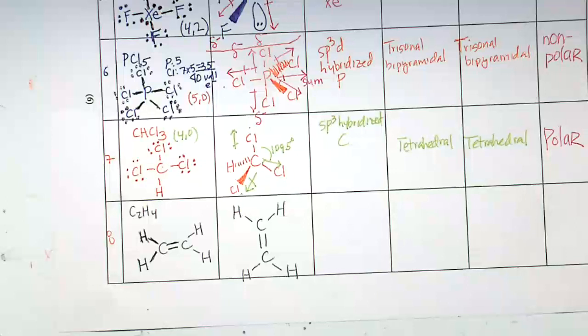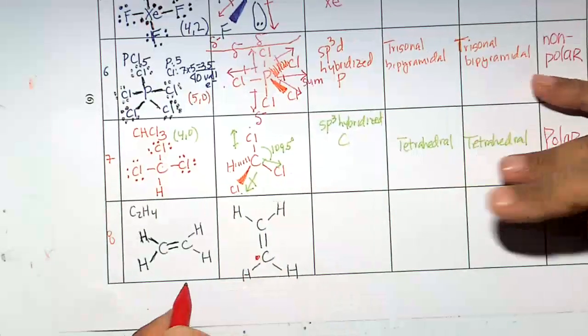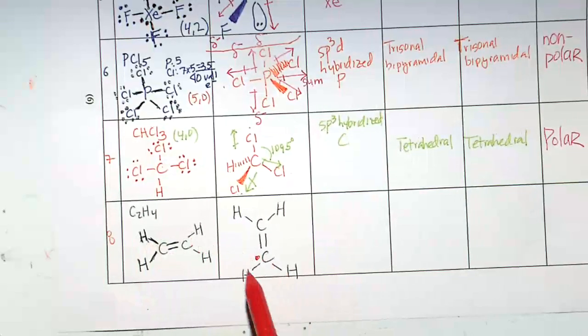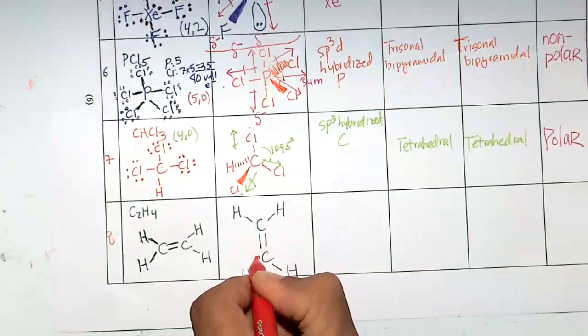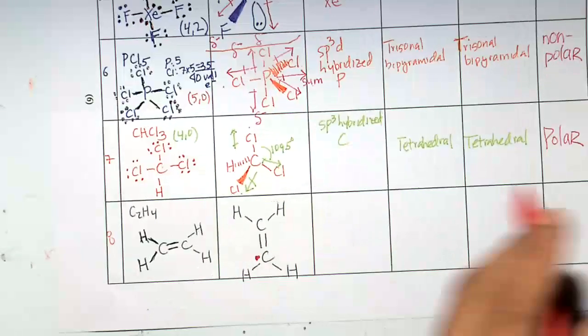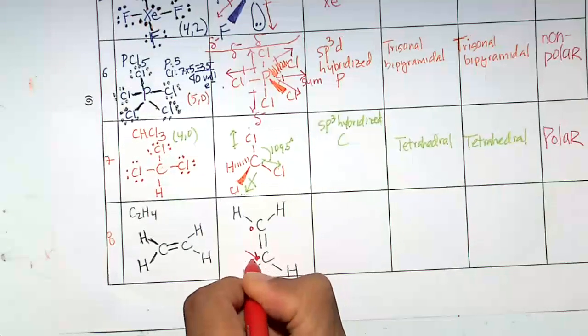Okay, what's the hybridization of this carbon? Let's say there's 2 carbons, 2 central atoms. How many bonding and how many lone pairs? Oh, no, you're right, let me do it here.